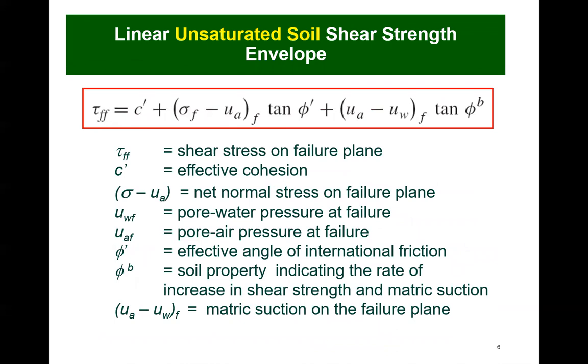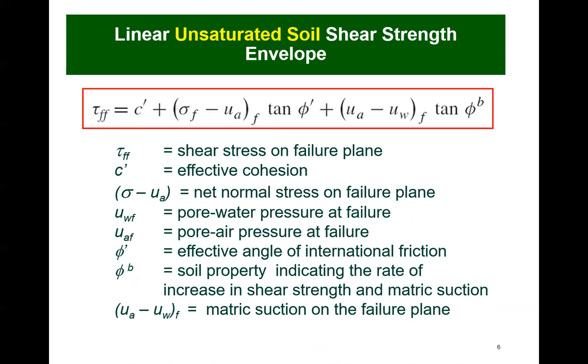The shear strength of an unsaturated soil is controlled by 2 independent stress state variables, and a soil property is associated with each of the stress variables. The selected stress variables are, number 1, the net normal stress, designated as sigma minus u_a, or the pore air pressure.